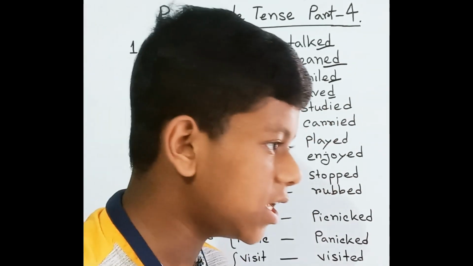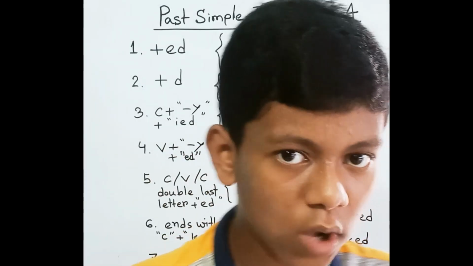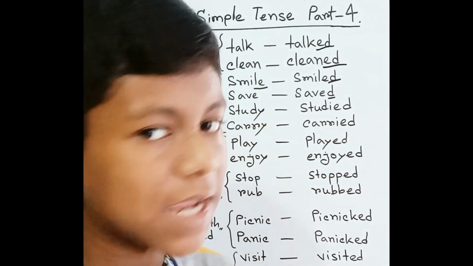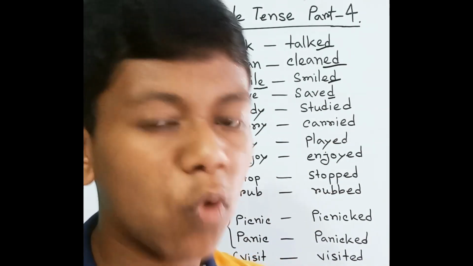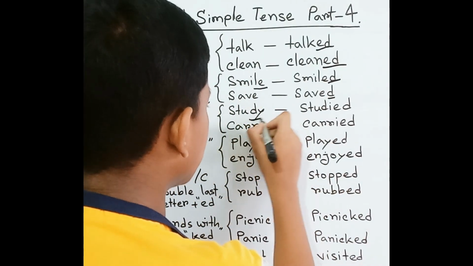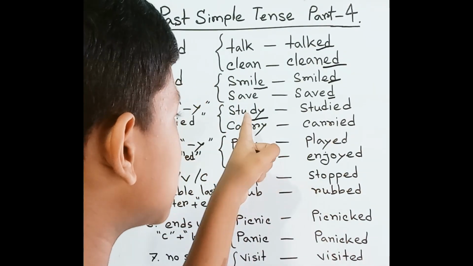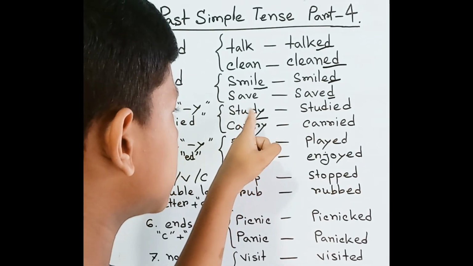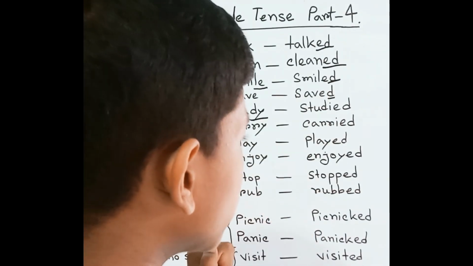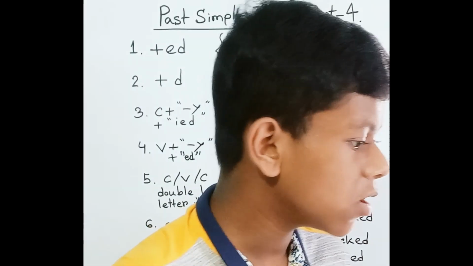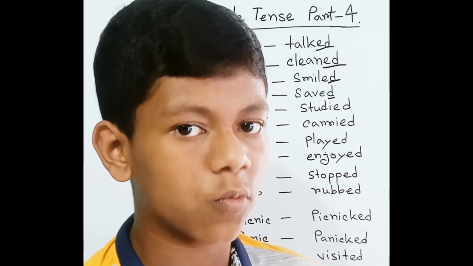First of all, we have to focus on the y. This verb ends with what? Y. Before the y we see d, and d is a consonant. But first of all, what is a consonant? Consonants are all letters except the vowels.